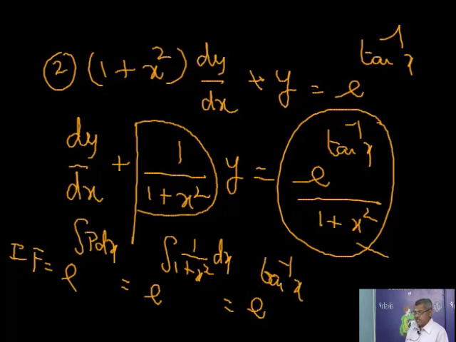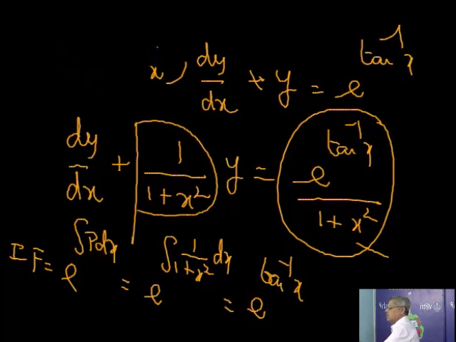We cannot convert it as tan inverse x, since e power log of tan inverse x would be tan inverse x. Here as such we write, we don't simplify; e power tan inverse x as such we write. Now, once you know the integrating factor, directly you can write down the solution, the solution according to the formula.